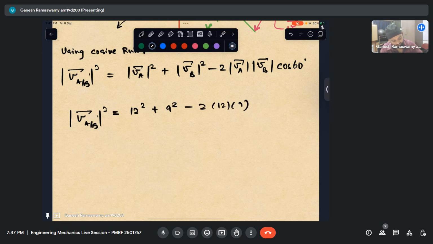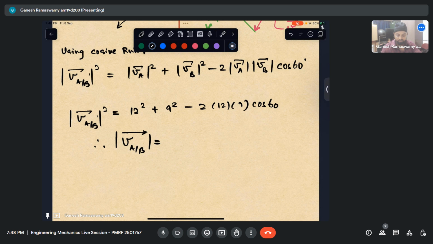So therefore the magnitude of velocity of A with respect to B comes out to be 10.82 meters per second.